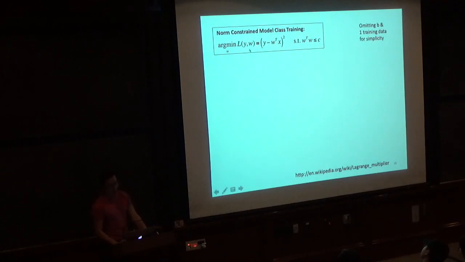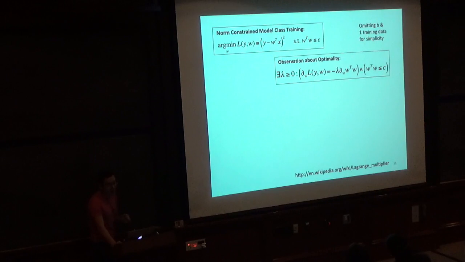We want a model W that minimizes this training loss, but our model class is the set of all linear models whose squared L2 norm is less than C. That's our model class. So this looks very much like the model class selection type definition of learning that we've seen.